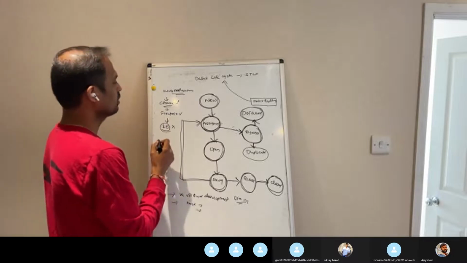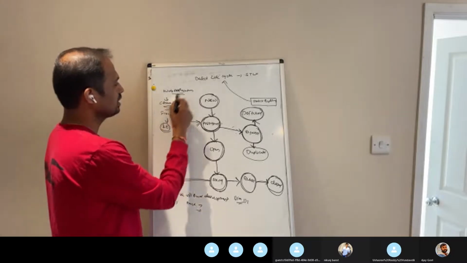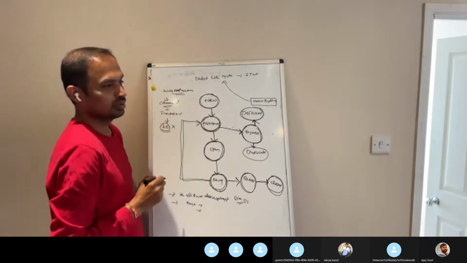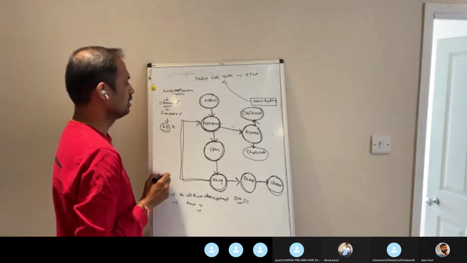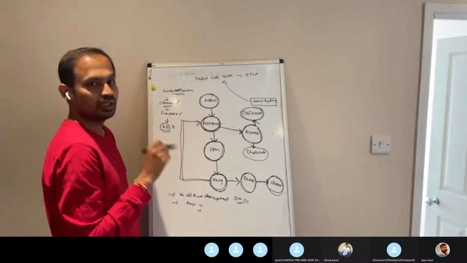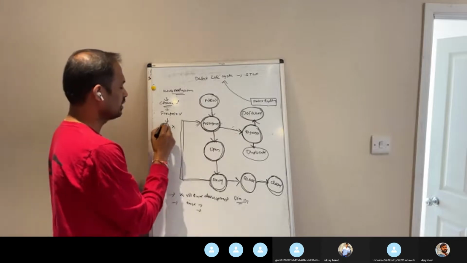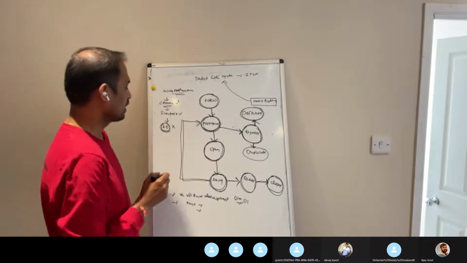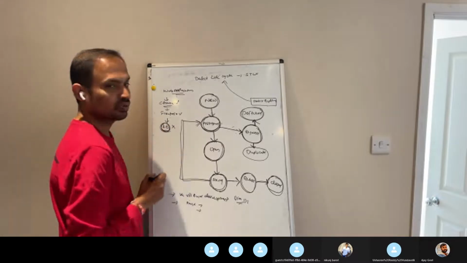Then we'll raise a defect saying that so and so functionality is not working, and we'll assign the defect to the developer. But in that defect, we are not mentioning on which browser it is not working.